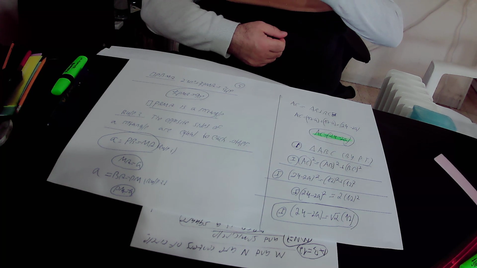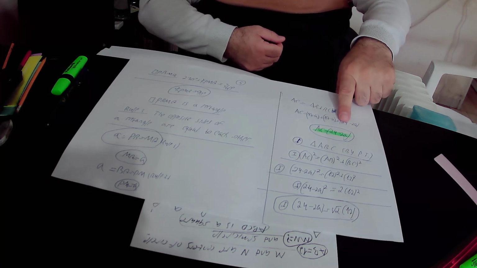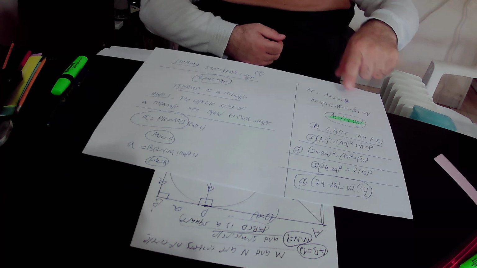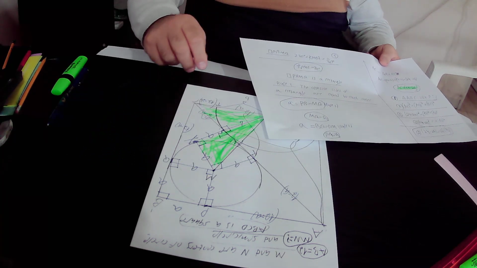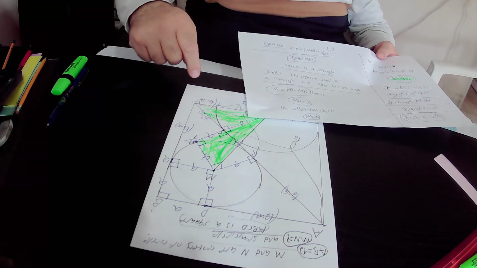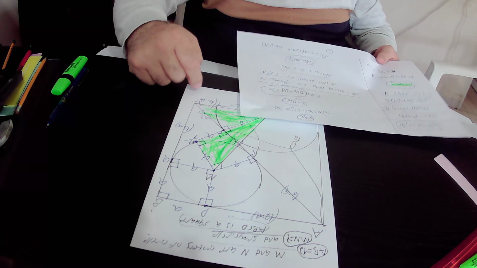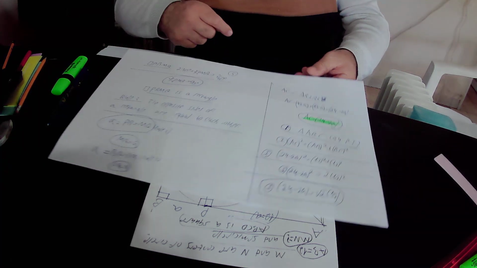So if we know that AC equals 24 minus 2A, then we implemented the Pythagorean theorem on the right triangle ABC. Here the square of the hypotenuse is AC square, and it must be equal to the sum of the squares of the perpendicular sides, that is to say, AB square plus BC square.